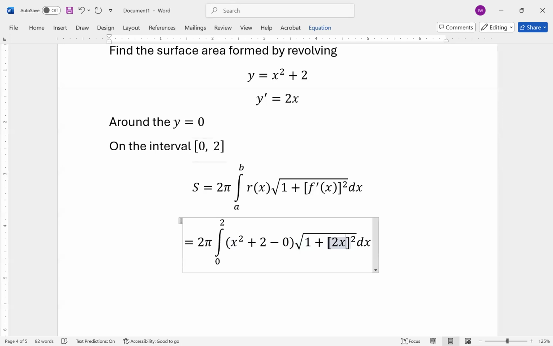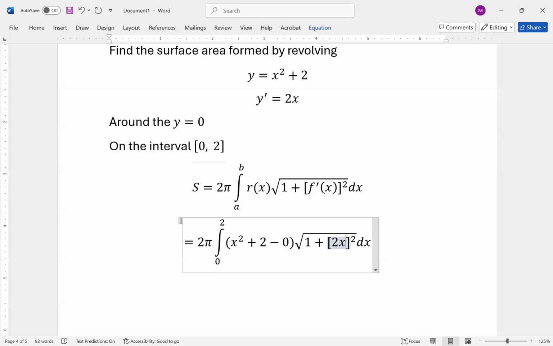Again, this is pretty straightforward to integrate. You just got to make sure that whenever you're inputting things, you put parentheses around the correct things. All right. So I'm plugging that into my calculator as we speak.